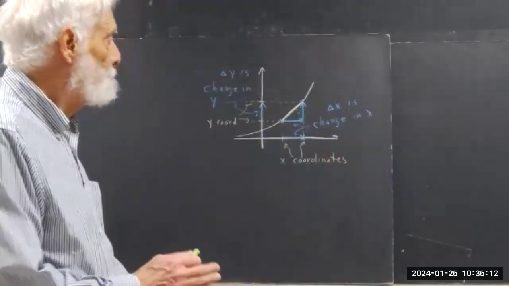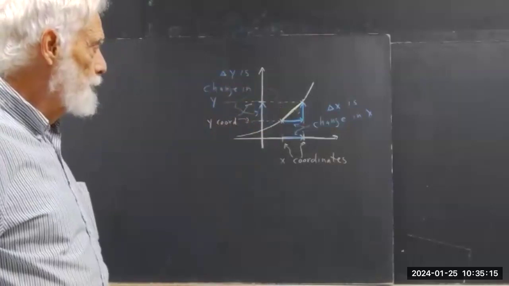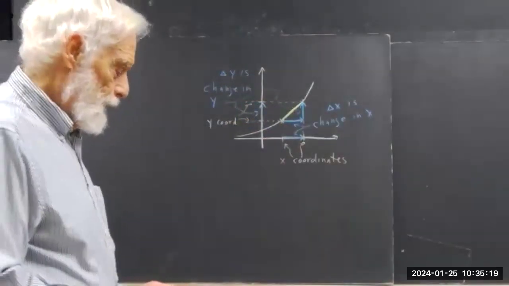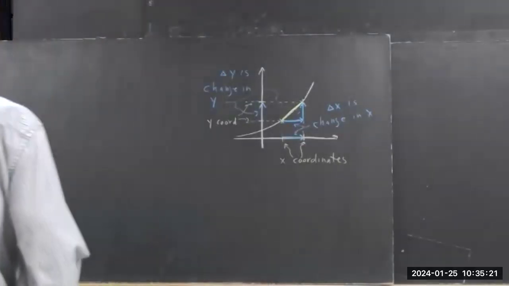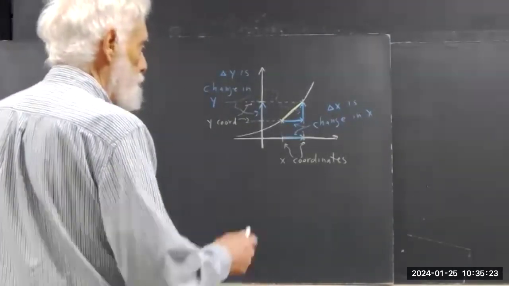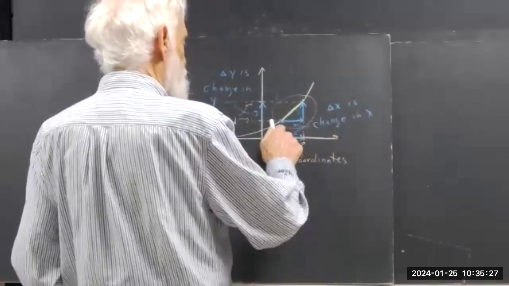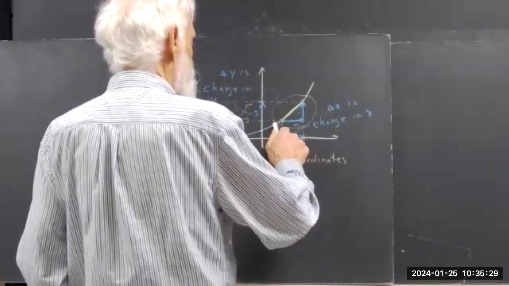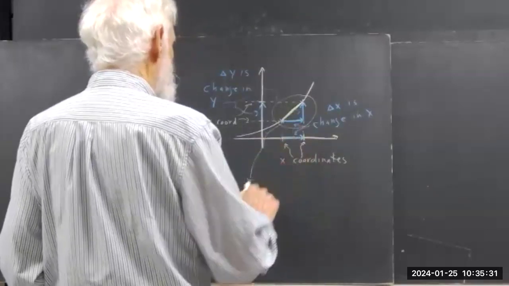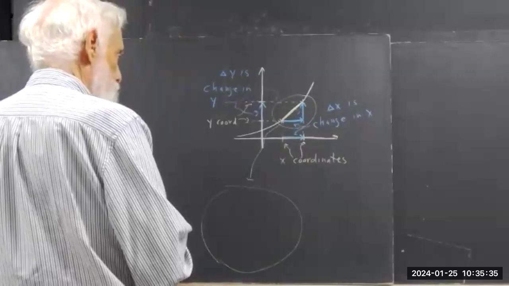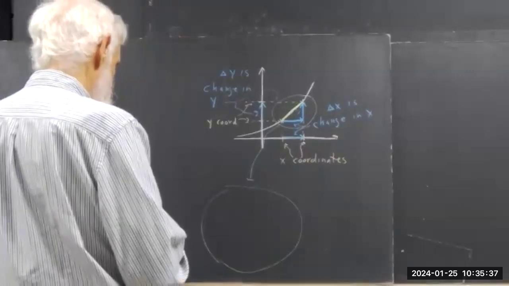Okay, well, we've completed the triangle. This is the hypotenuse of this triangle. Now I want to draw this triangle a little bigger. Put a circle around here, and then an arrow down here to make a bigger circle. It contains the same triangle.